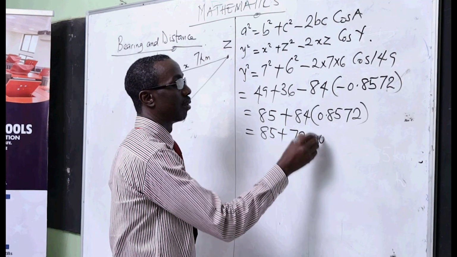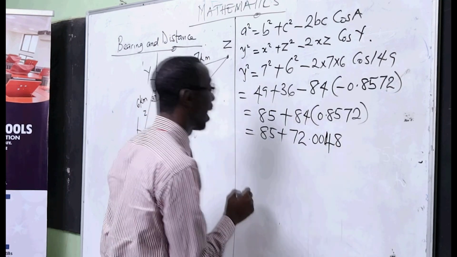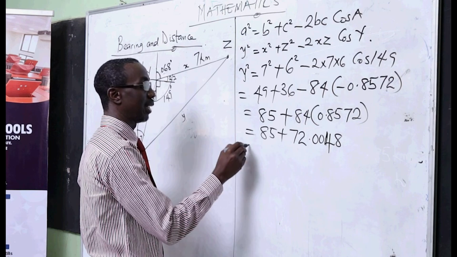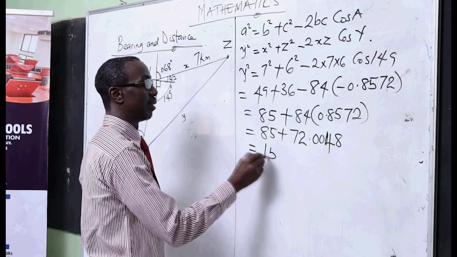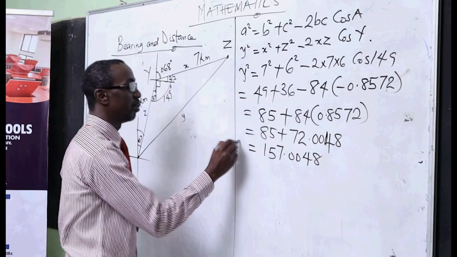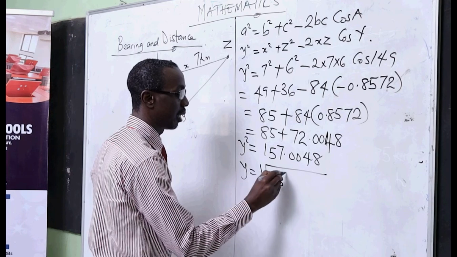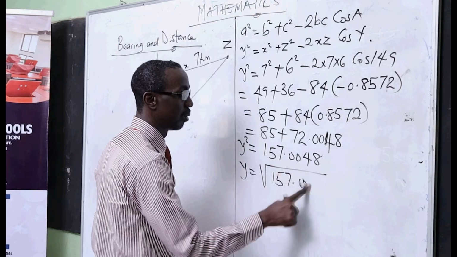Adding those two numbers together, you have 157.0048. This is still y squared. To get y, we need the square root of 157.0048. Somebody help the class.